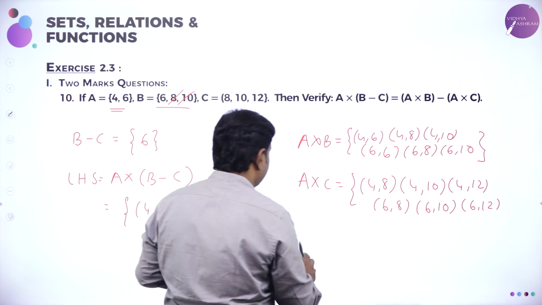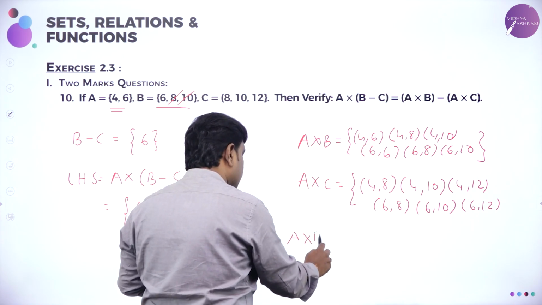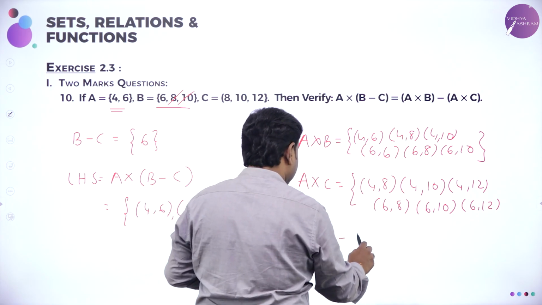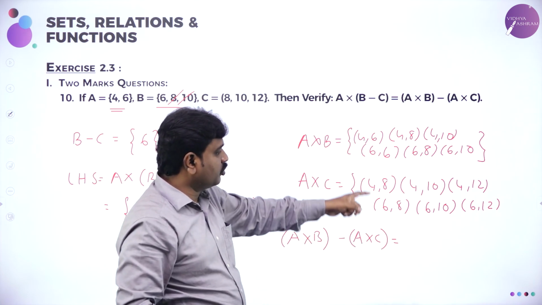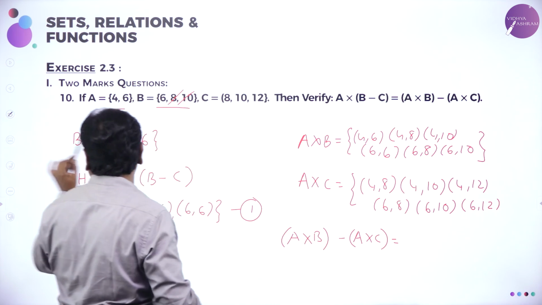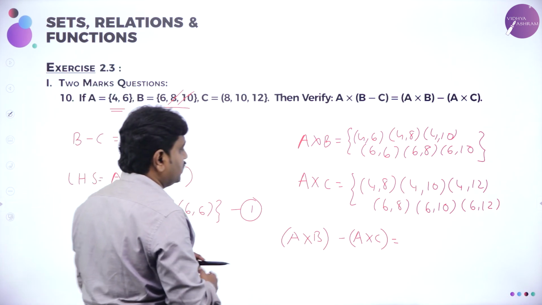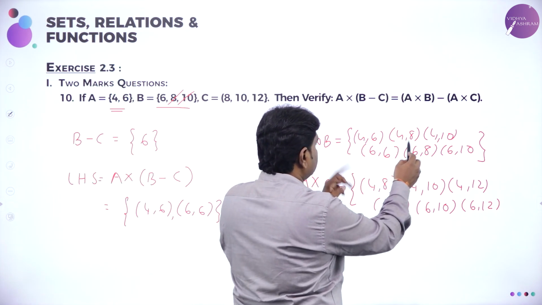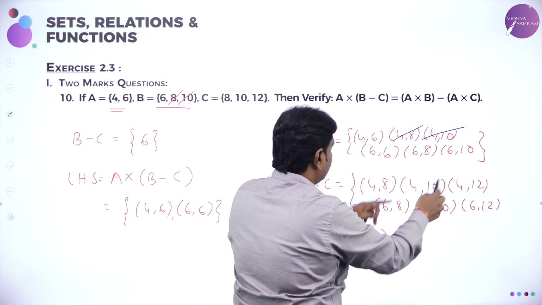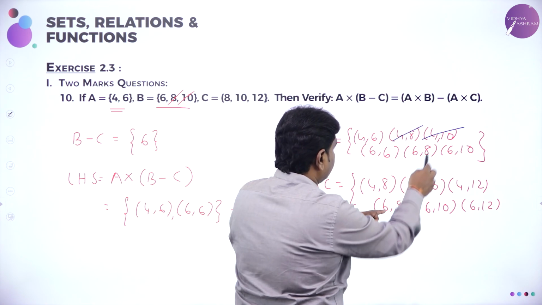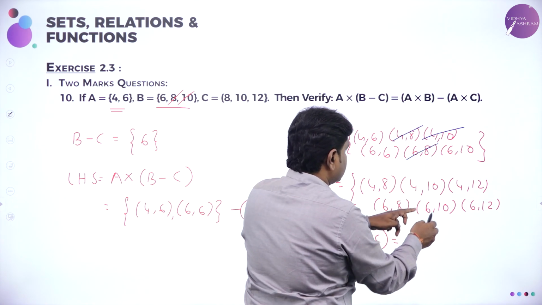Now perform A cross B minus A cross C. It means from A cross B remove the elements of A cross C. If you have any common elements, I'll just erase. See here we have A cross C: (4, 8) I'll remove, (4, 10) do we have? Yes, remove. (4, 12) we don't have, (6, 8) yes we have, you remove, and (6, 10) remove.